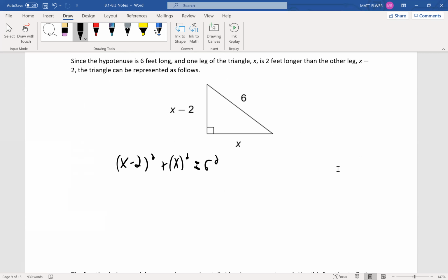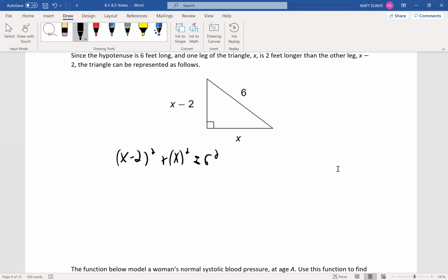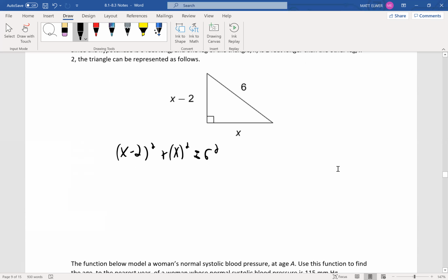All we're doing here is just using the Pythagorean theorem. And notice that we can solve for x here because we only have one variable. If we didn't know the lengths of either of the legs and didn't have any relation between them, we wouldn't be able to find this. But since we have a relation between them that shares a variable, we can find what x is equal to.